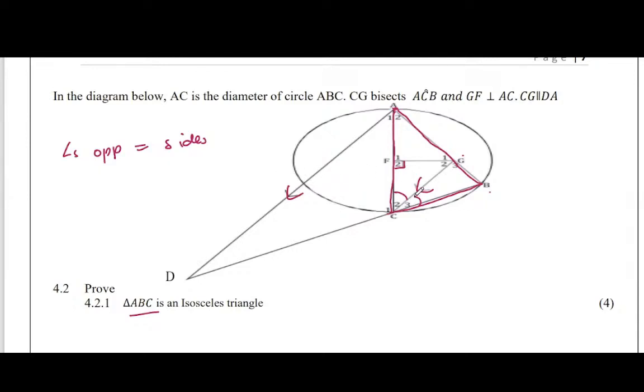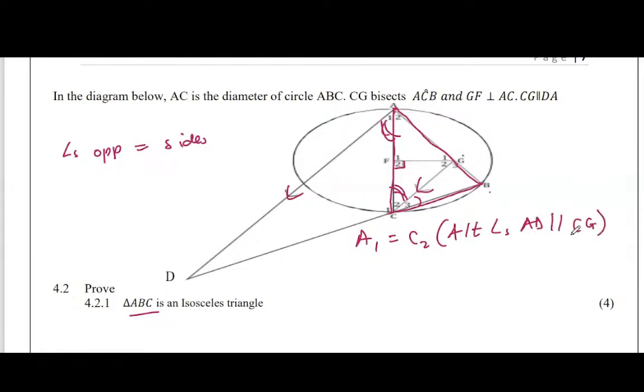So you can say that A1 is going to be the same as C2. This angle is the same as this angle. So I'll say A1 is the same as C2. Reason: those are alternate angles because the side AD is parallel to CG.